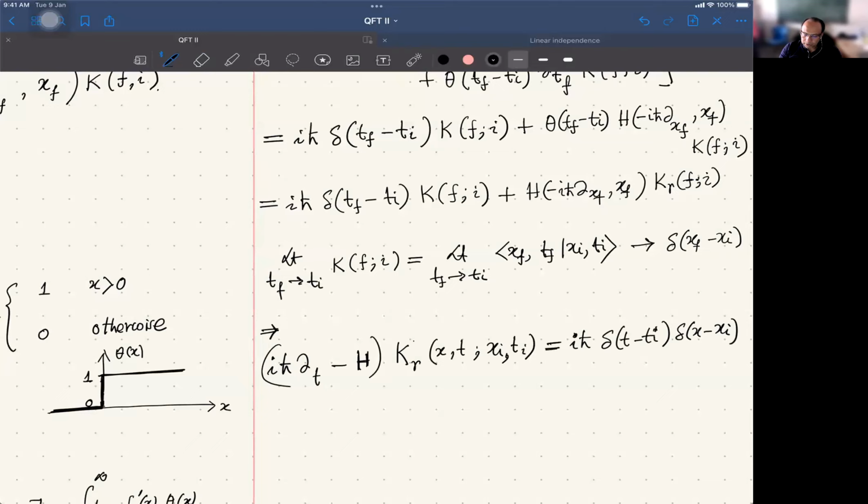So this is why it is also called the kernel. So it's a Green's function of the Schrodinger equation. Okay, that's the result. The retarded propagator is a Green's function of the Schrodinger equation.